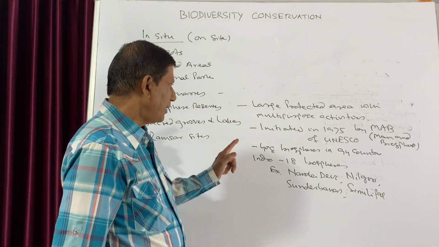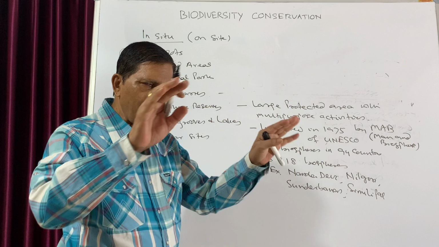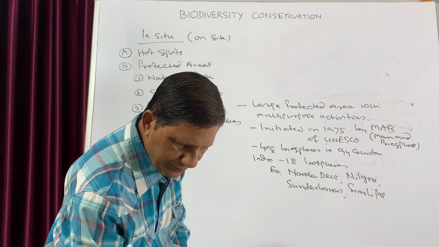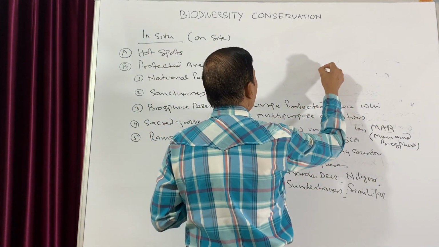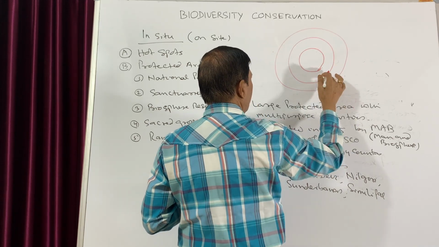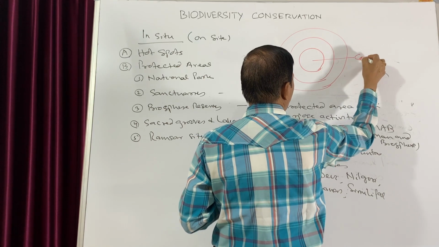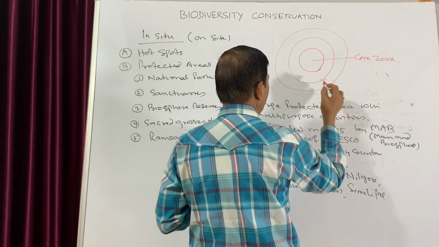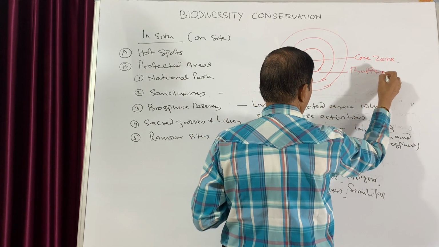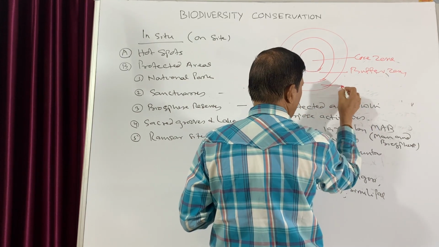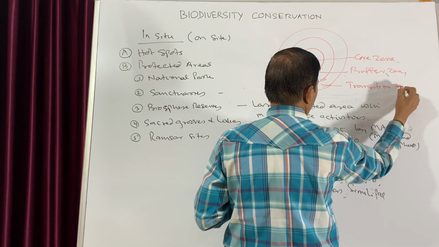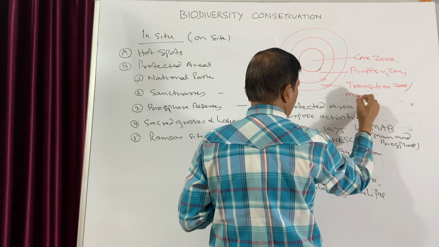In case of a biosphere, the entire biosphere can be divided into 3 zones. The inner zone is known as core zone. Then this is known as buffer zone. And this outer one is known as transition zone or manipulation zone.